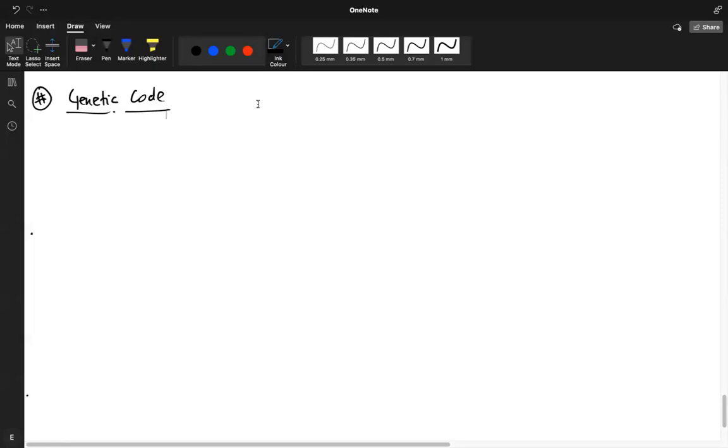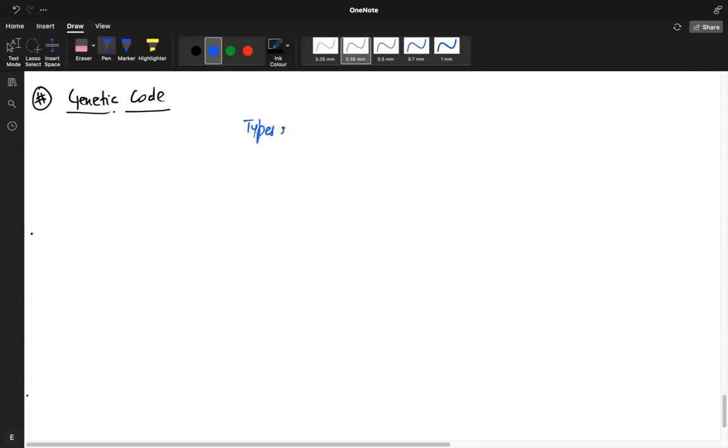How many amino acids are present in a protein? How many different kinds, I'm asking? How many types of amino acids are there? 20. Yes, that's correct.